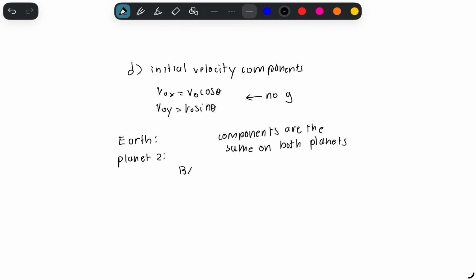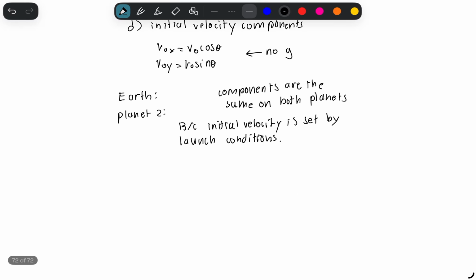And that's because our initial velocity is set by launch conditions only. There's no gravity inside of either of those equations.